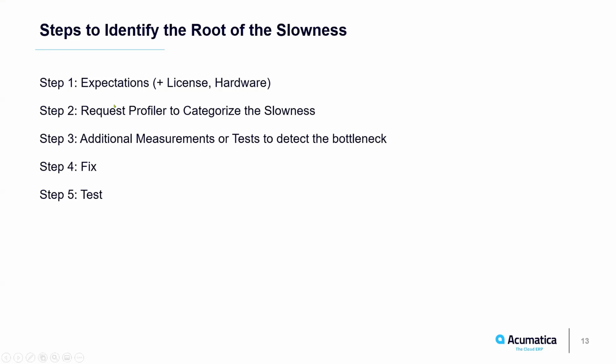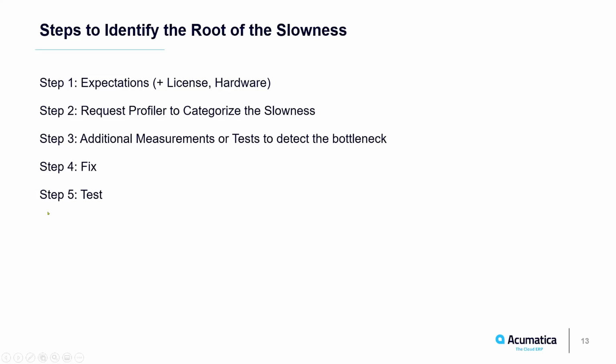The second step is to use one of the tools that we provide or that someone else provides to distinguish between those categories of slownesses, right? So you can understand whether it's application slowness, whether it's database slowness, etc. Then you can use additional tools to detect what exactly causes the bottleneck. Then you can fix that bottleneck, and then you retest.